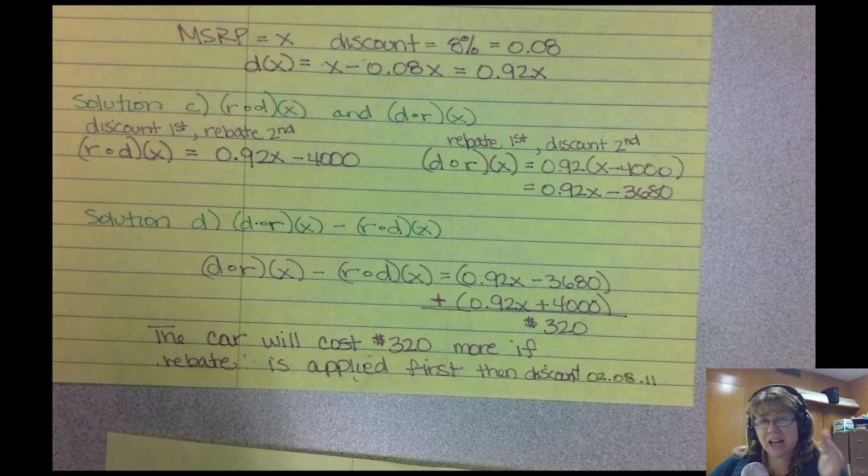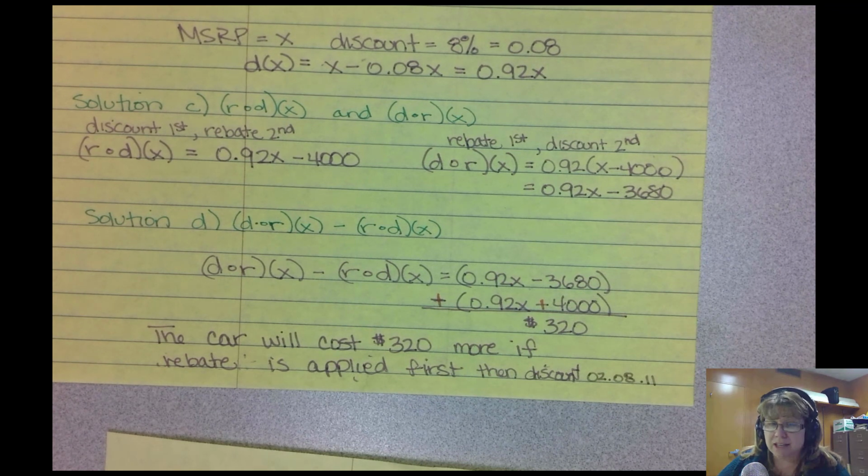Yes, discount first, then the rebate. It would cost you $320 more. And it doesn't matter what the car price is. It will always cost you $320 more if you apply the rebate first than if you do the discount first.